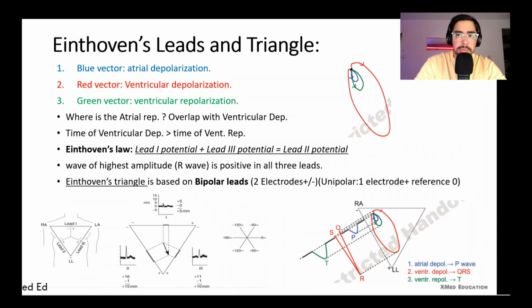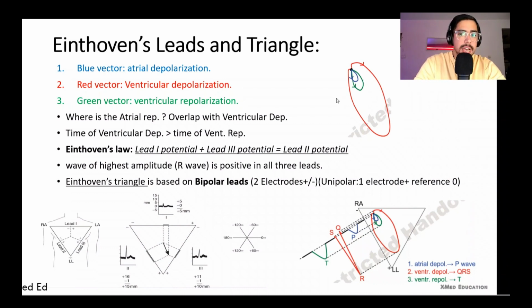They want to pump blood through the heart, so their vector should be much larger. And then we have the ventricular repolarization. Why is ventricular repolarization smaller than ventricular depolarization? They both have the same muscle. The thing is, the depolarization is much longer than repolarization.